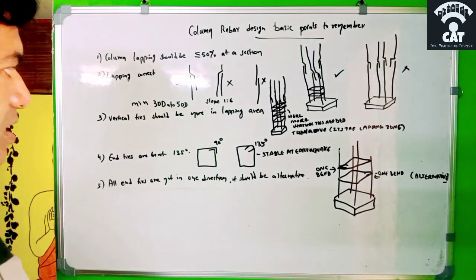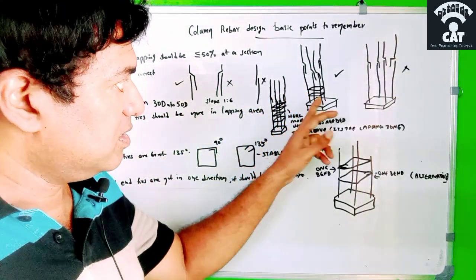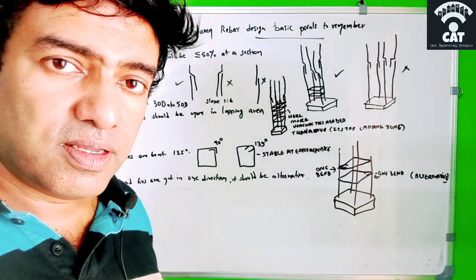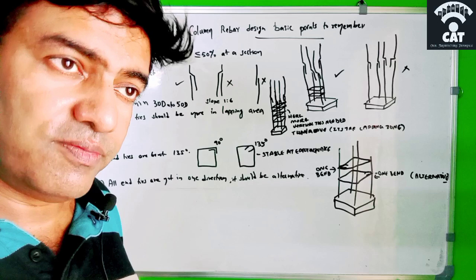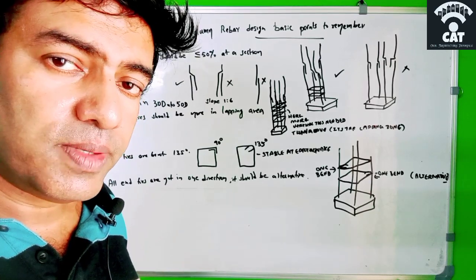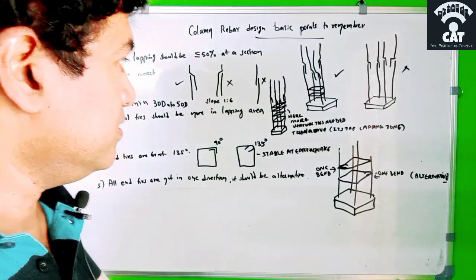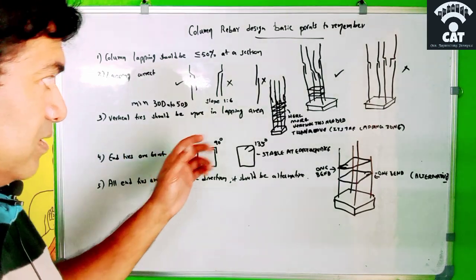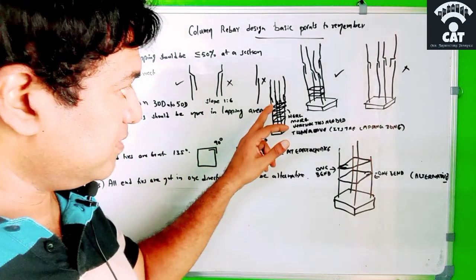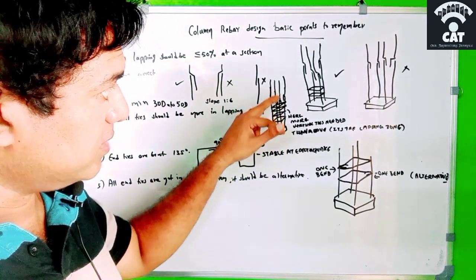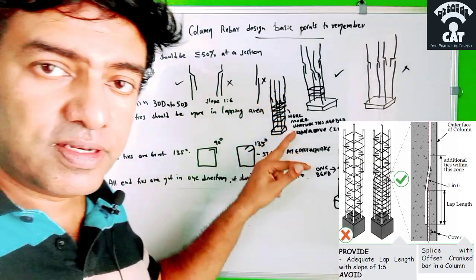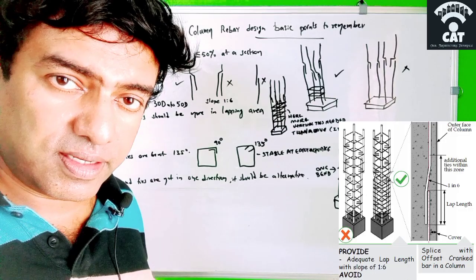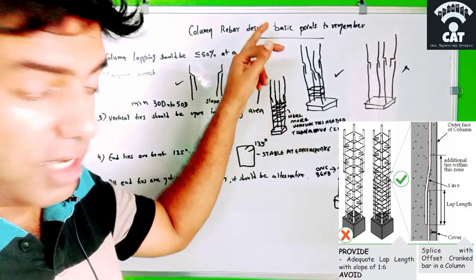The third point is vertical ties. These stirrup-like things, when we are using that ring in a beam, it is called a stirrup, and when we are using the same ring in a column, it is called vertical ties. Okay, in the area where the lapping occurs, we need to provide more vertical ties when compared to other areas.